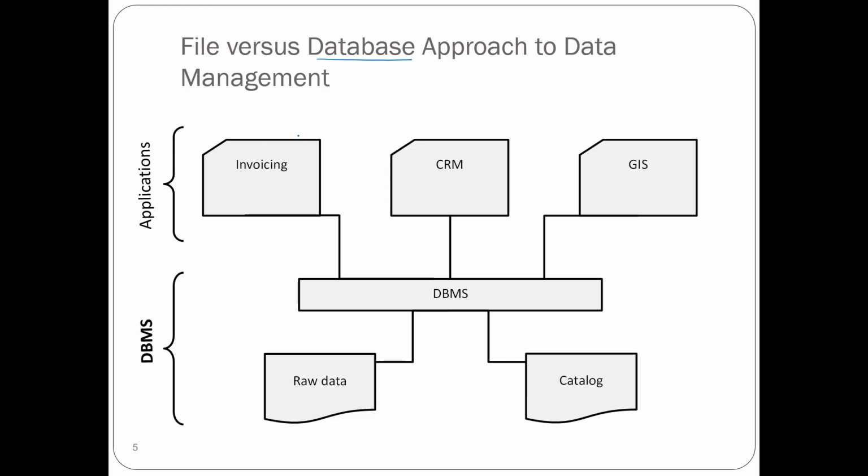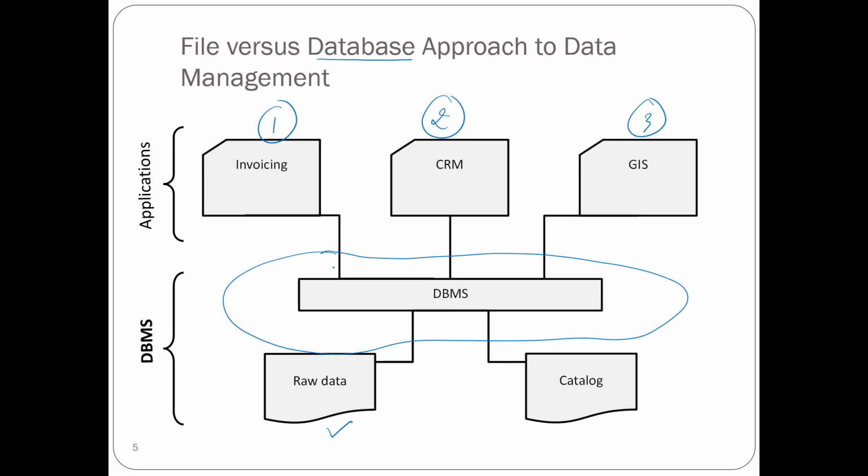We are keeping the same kind of scenario because here again we have only three applications: invoicing application, CRM application, and GIS application. But look at the data. We don't have data in different files. In fact, the data is stored here, raw data. And then look at this part, DBMS, database management system. We will learn about what a database management system is. We'll learn about its definition today.